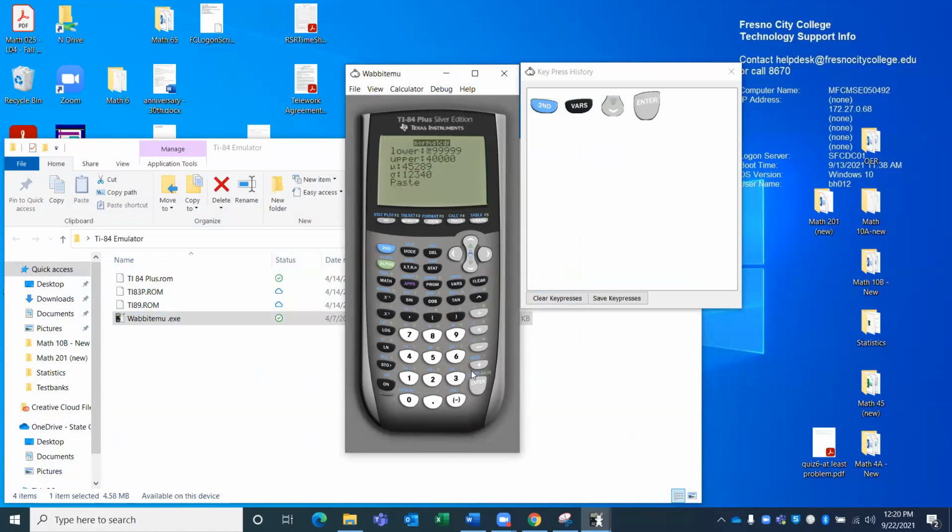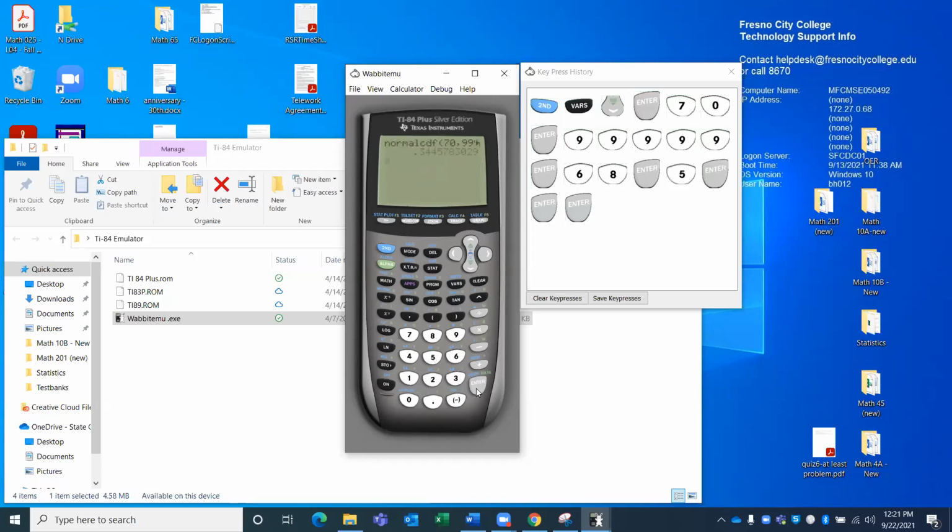And there it is: lower, upper, mu, and sigma. So the lower is 70, hit enter. And the upper is the 5 nines, 1, 2, 3, 4, 5. You can do 6 or 7 nines, whatever, it just means infinity to the calculator. The mu, that's a Greek M for the mean, 68. And the sigma, the Greek S, stands for standard deviation, which in our case is 5. And then hit enter a couple times, and there's my answer.